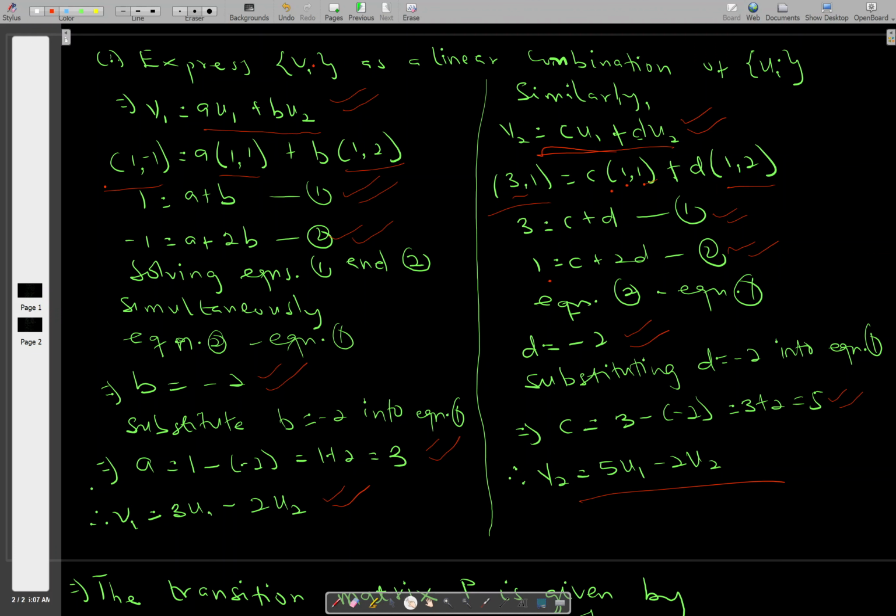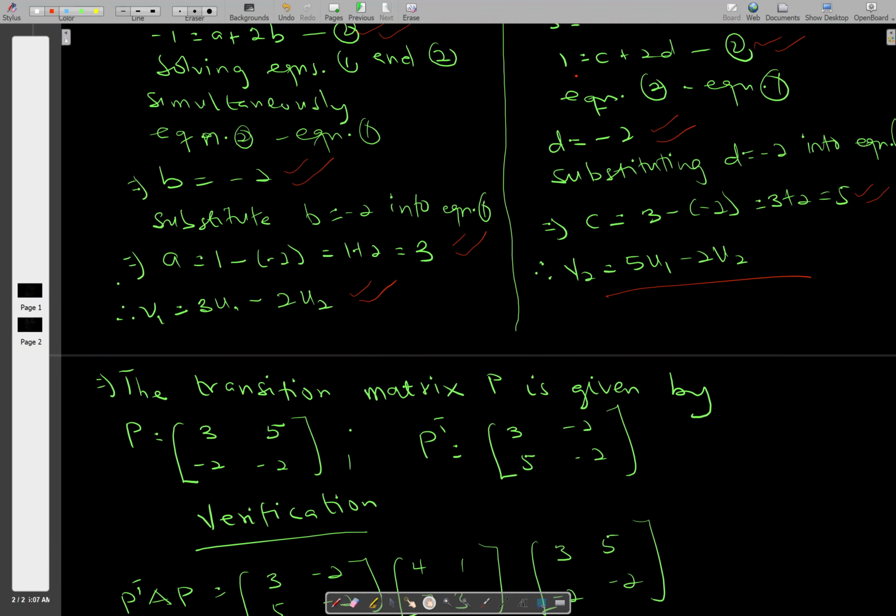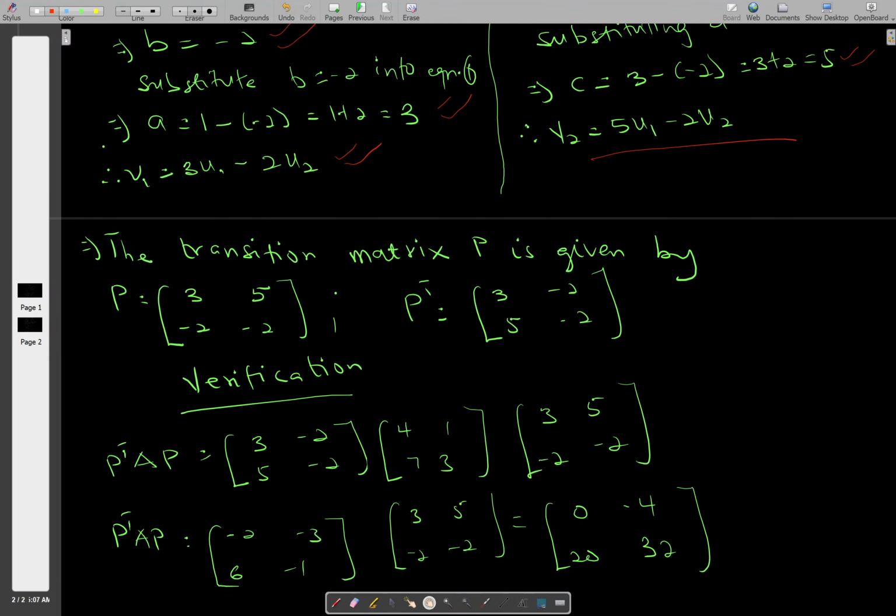Then from here we can generate our transition matrix P using V1 and V2. After expressing V1 as the linear combination of U1 and U2, the coefficients of U1 and U2 will be the elements in the first column of P. We have 3U1 minus 2U2, so you have 3, negative 2.